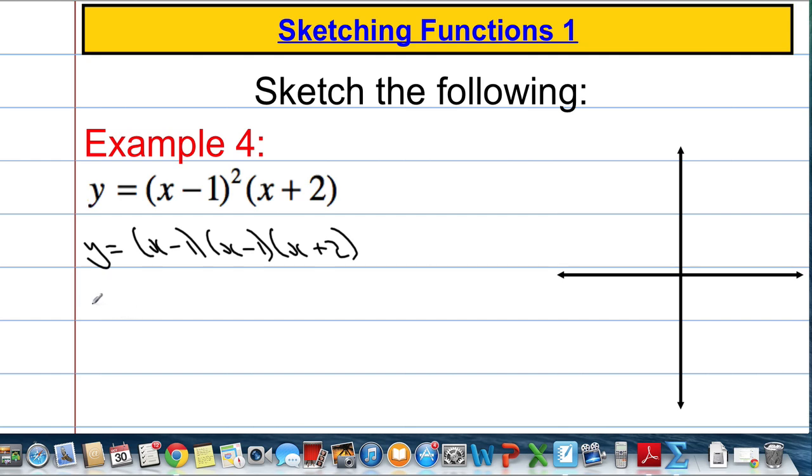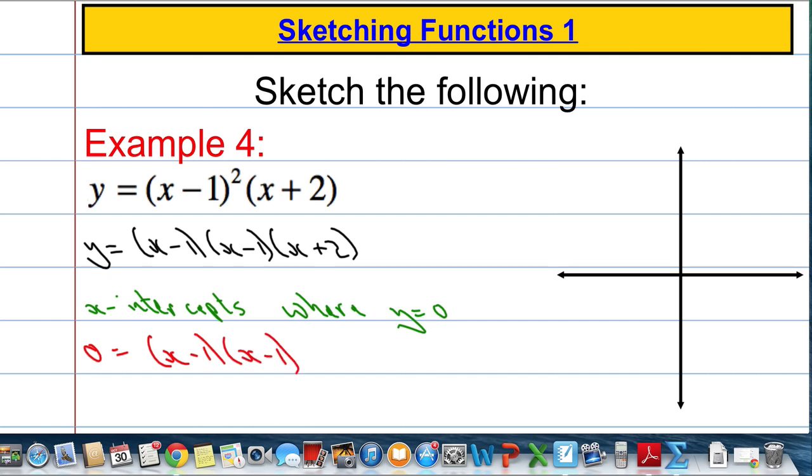So let's go for the x-intercepts, which happen where y equals 0. So we get 0 equals (x subtract 1) times (x subtract 1) times (x plus 2).